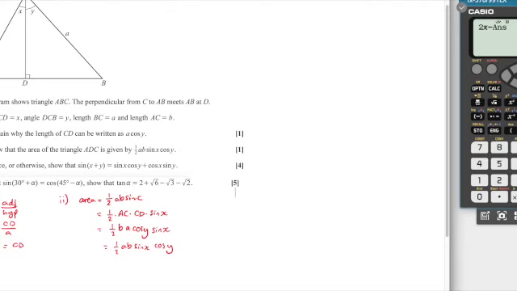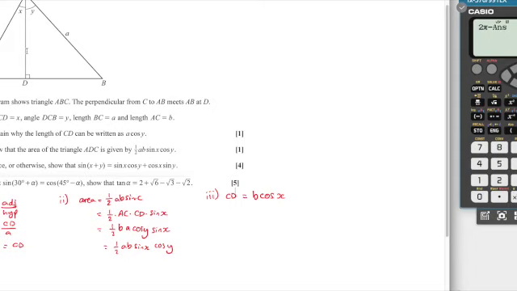So I suppose we could do it the other way round. Find the other side of this triangle and say that CD is also B cos x. Yeah, that would work. B cos x.